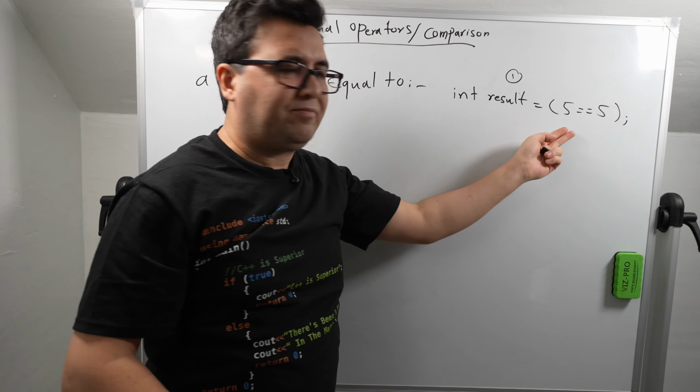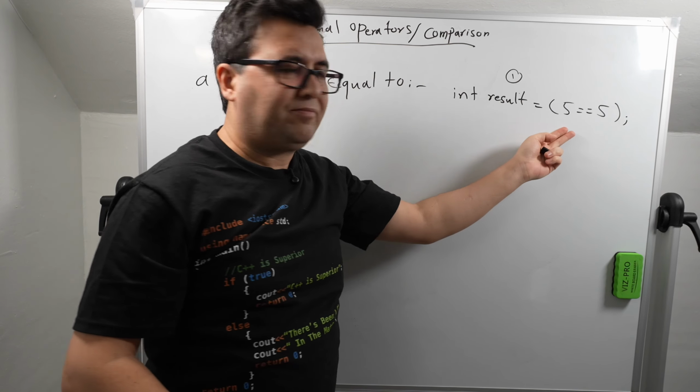Then another operator we have is greater than. This checks if the first value is greater than the second value, or if the first operand is greater than the second operand, then the result will be true, otherwise the result will be false.